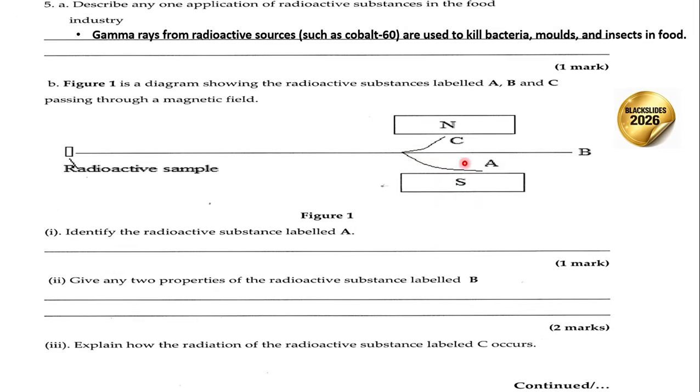So this region is called the magnetic field. Identify the radioactive substance labeled A, the one that bends towards the south pole of a magnet.